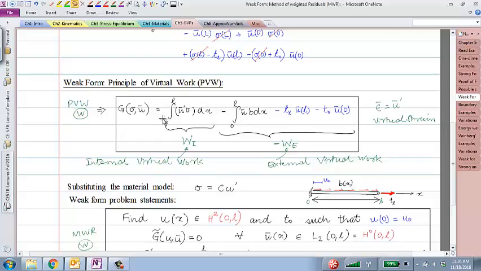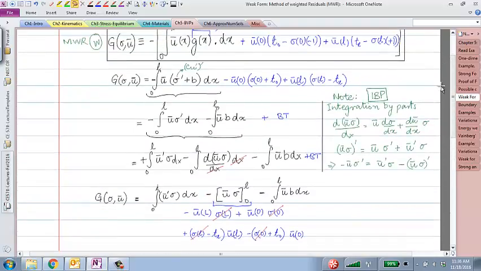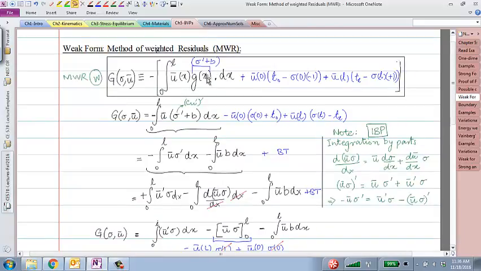And if that happens, then the only way that can happen is if the original governing differential equation is satisfied and the two boundary conditions are satisfied.